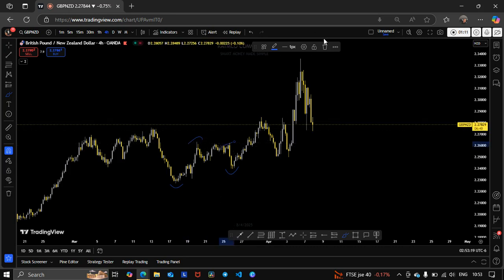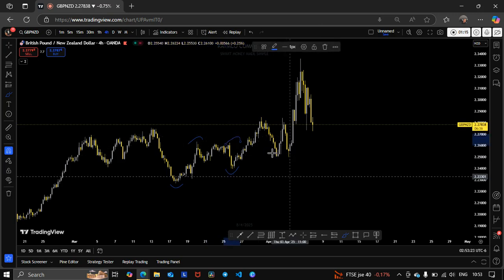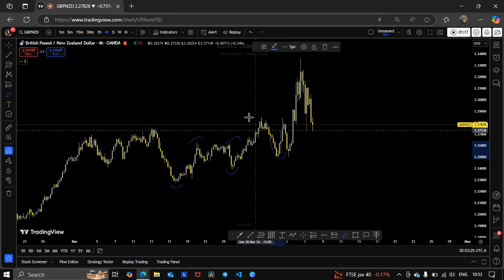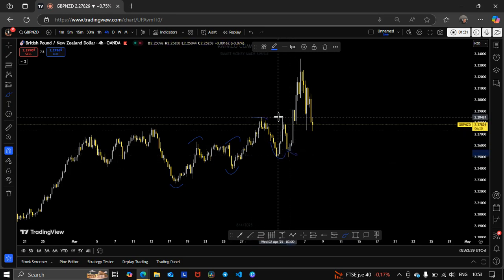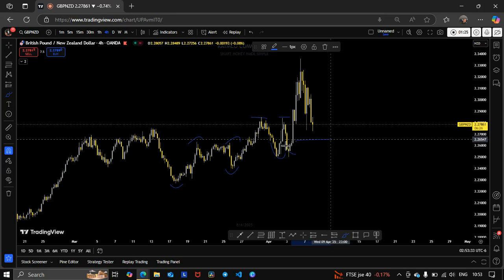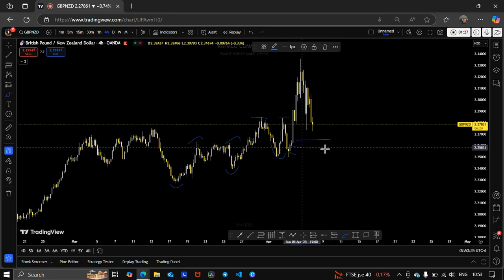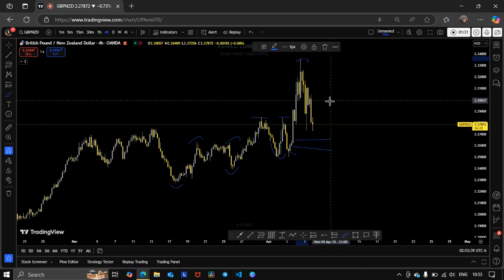Actually this higher high was broken and it kept on having a series of higher highs and higher lows, and then this higher high was broken by this demand zone, and then we formed a new high.